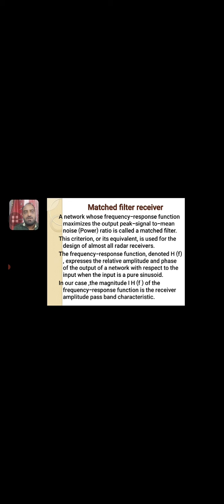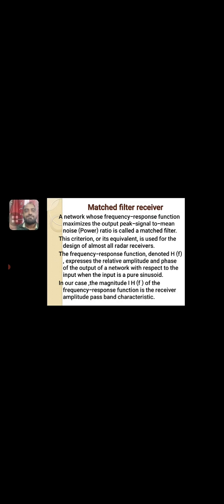Now the first topic of this chapter is matched filter receiver. What is matched filter receiver? A network whose frequency response function maximizes the output peak signal to mean noise power ratio is called the matched filter, which maximizes the output signal to noise ratio.